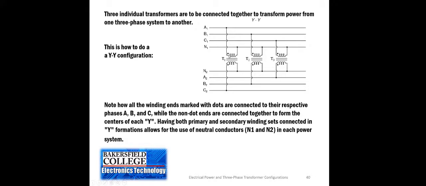We'd have to know the turns ratio between the primary and the secondary. And by the way, all three of these transformers must have the same turns ratio. Even if we had center taps or various other things, we have to use the same turns ratio on each transformer on the primary and the same turns ratio on each secondary of the transformers.